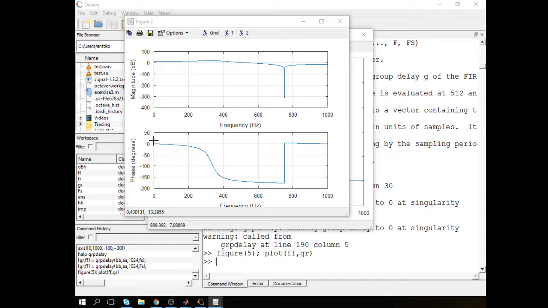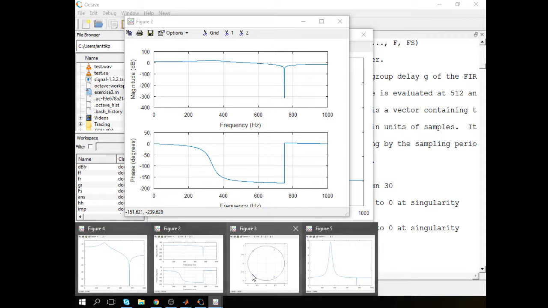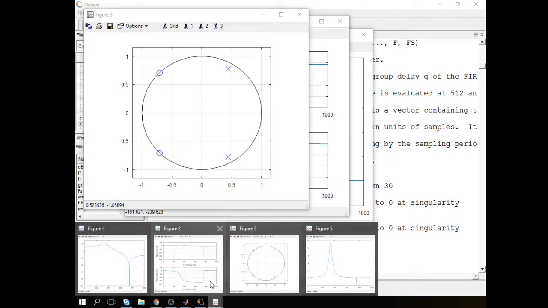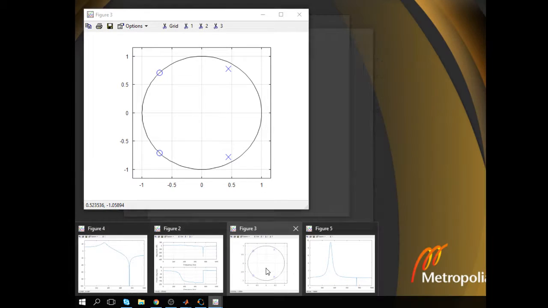So now I have group delay. I have this one showing it's an infinite impulse response system. Well, actually, yeah.